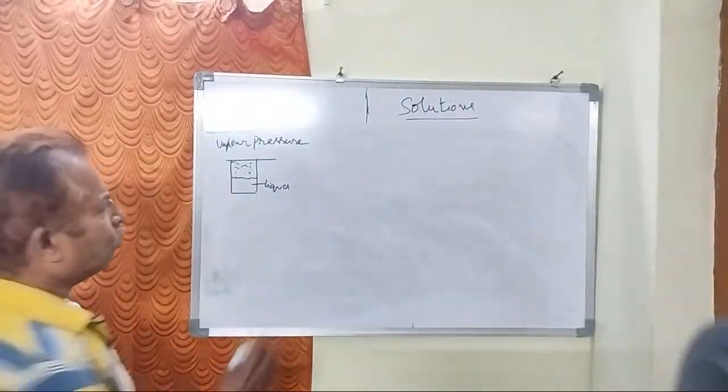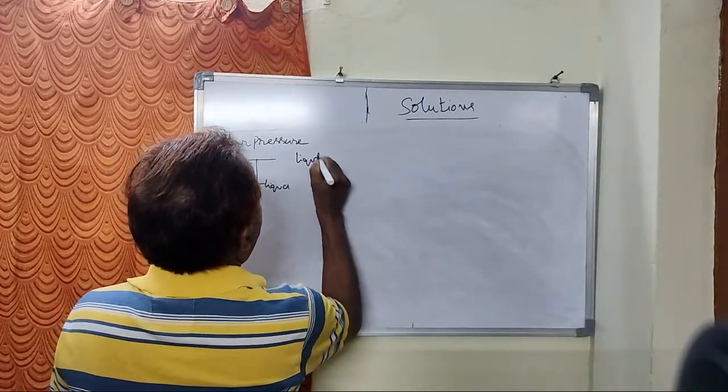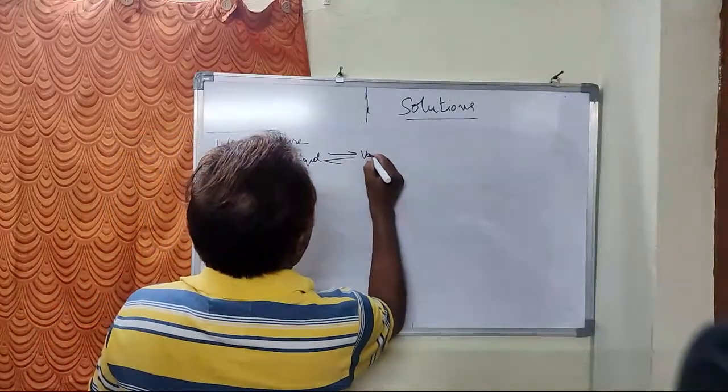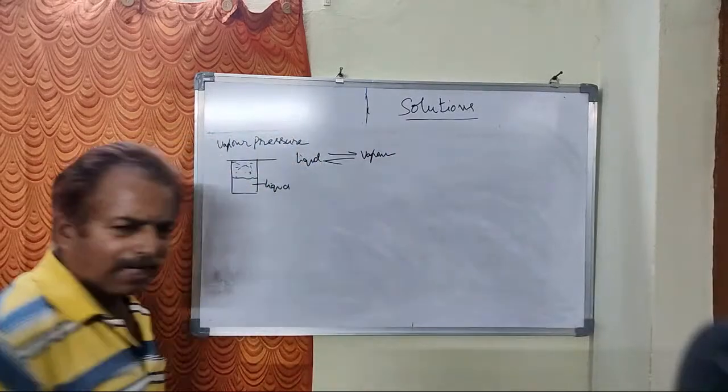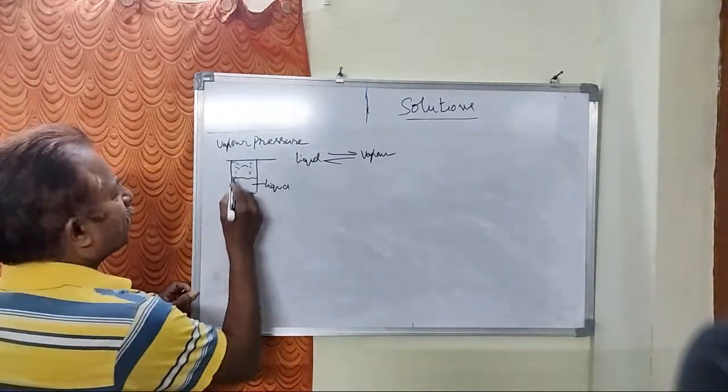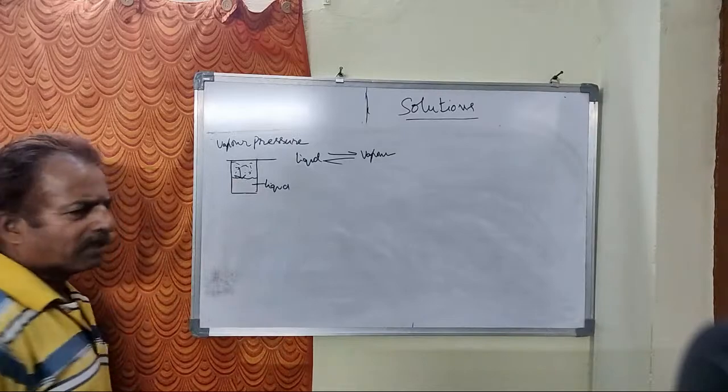That means both liquid and vapor are in equilibrium. When they are in equilibrium, some pressure is exerted by the vapor.